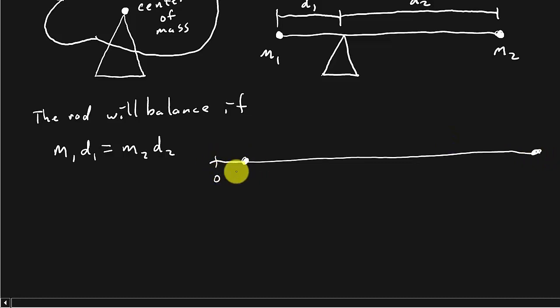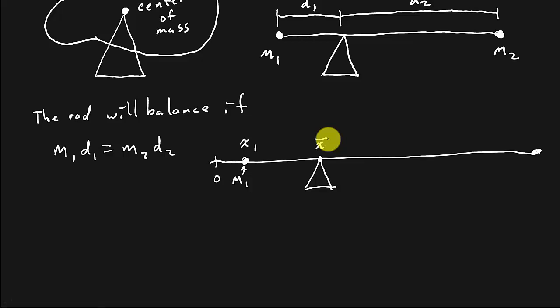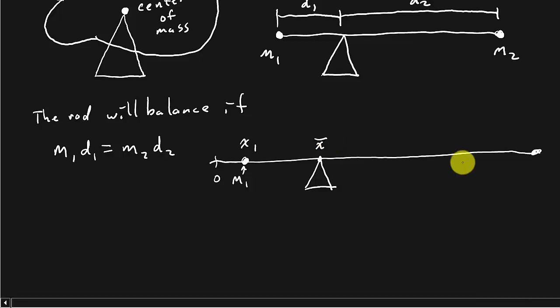Here I've got x1, and the mass here is M1. Then let's put our fulcrum here, and this would be x bar, the center of mass. We'll label that x bar. Now let's finish labeling this. Suppose we have x2 out here, and the mass there is M2.